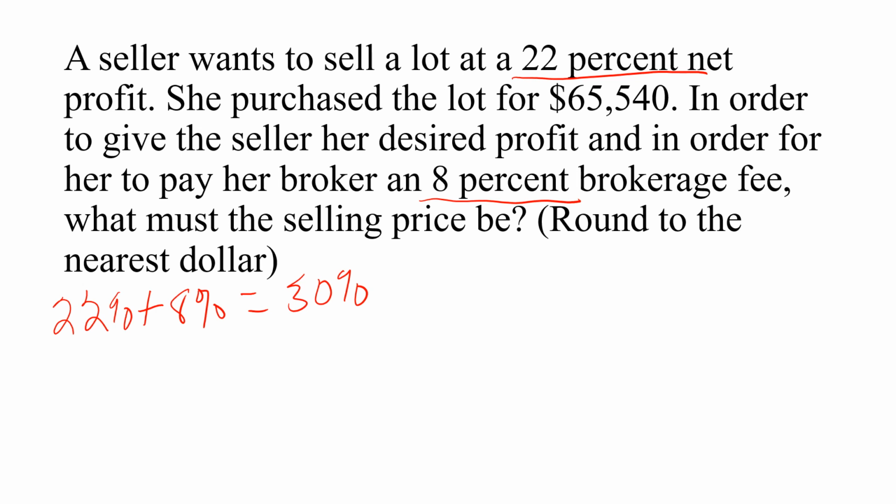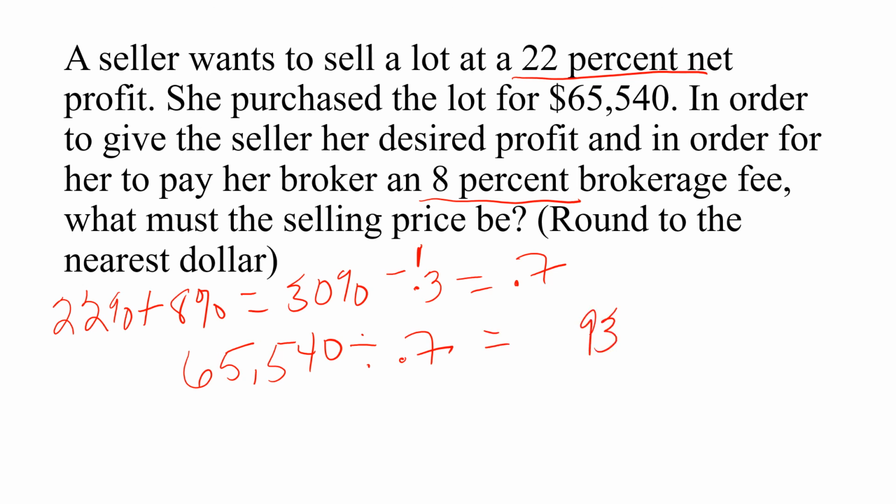So we can put that in decimal point of 0.3. If we say our 1 minus 0.3, that leaves us with 0.7 or 70%. So 65,540 divided by 0.7 equals 93,263, if I round it.